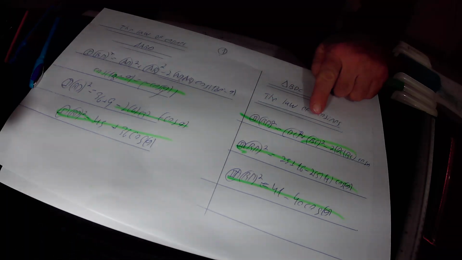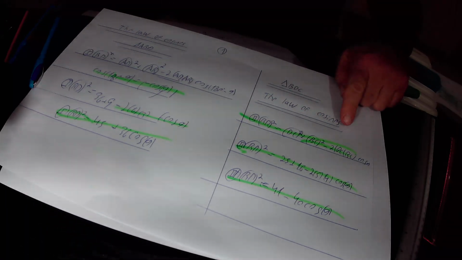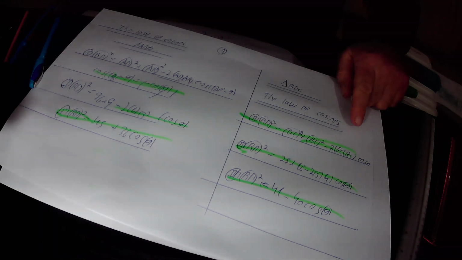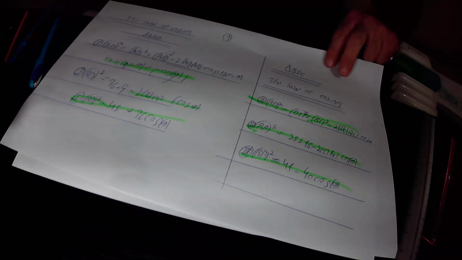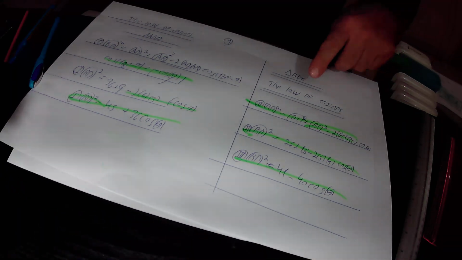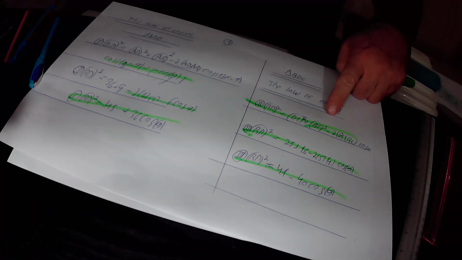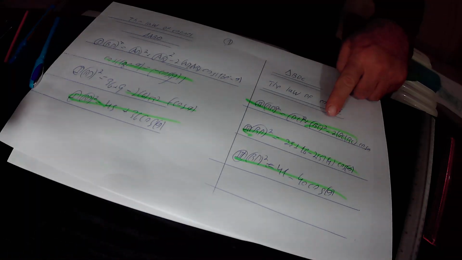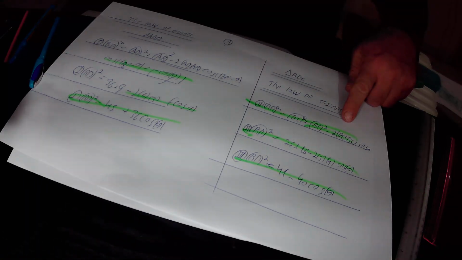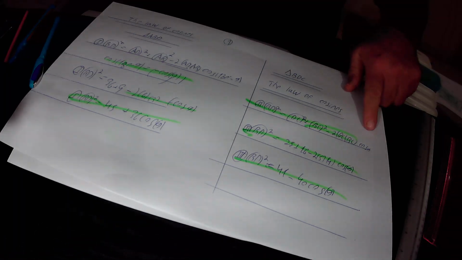So BD square equals DC square, DC is 5, therefore DC square is 5 squared, that is 25, plus BC square. BC is 4, therefore BC square is 4 squared, that is 16, plus 2 times DC, that is 5, times BC, that is 4, times cosine alpha.